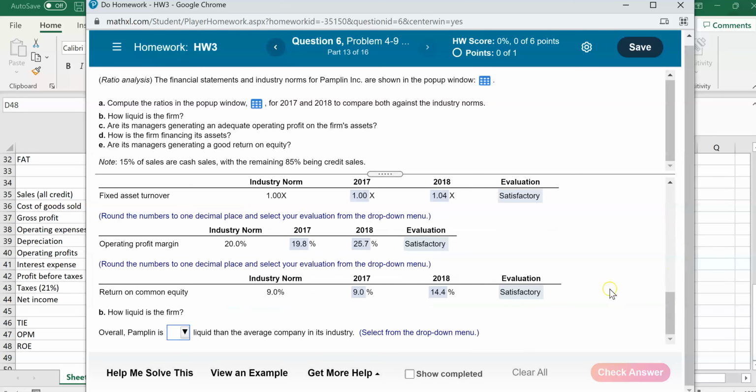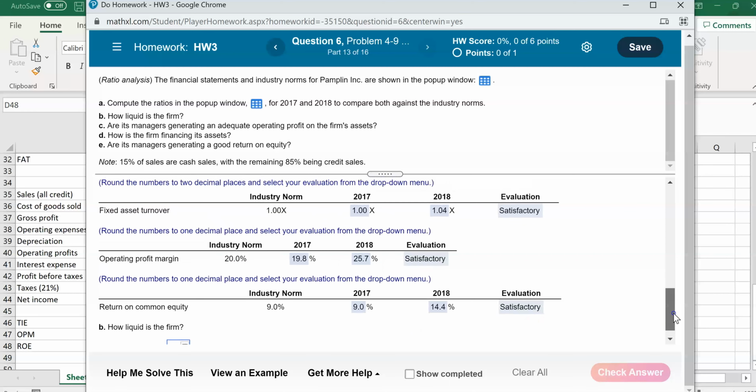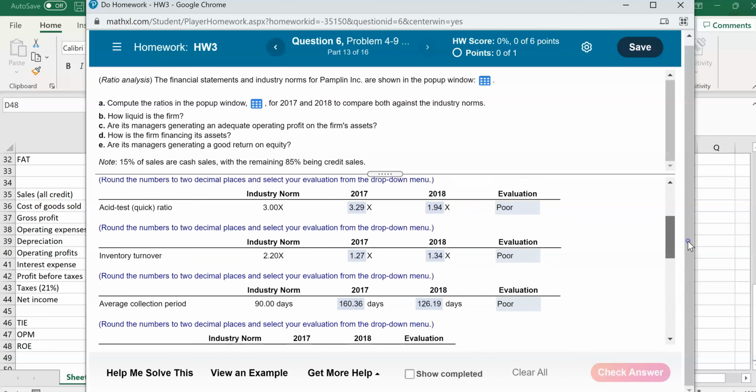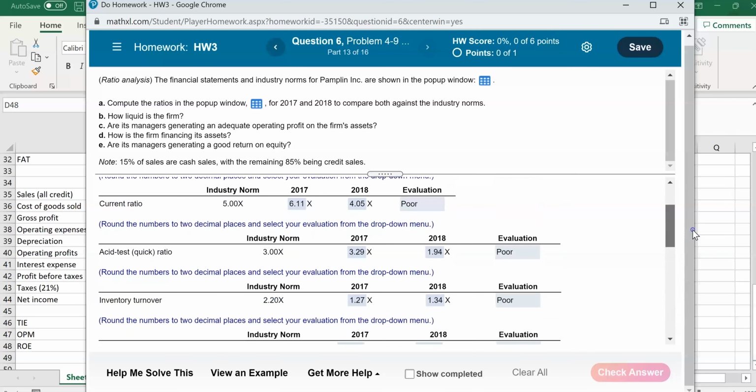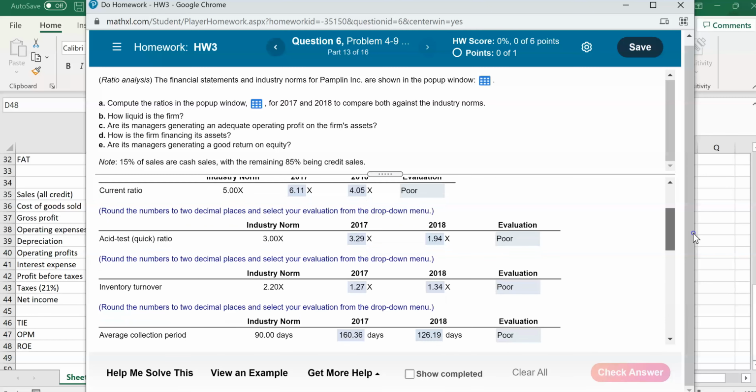Fantastic. Okay, so we're done with part A. How liquid is the firm? Liquidity here, I guess we can look at the two ratios we just calculated, right?